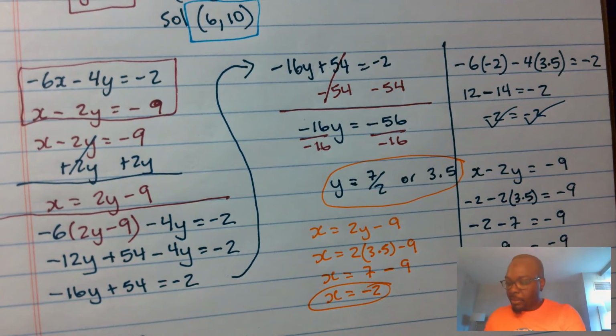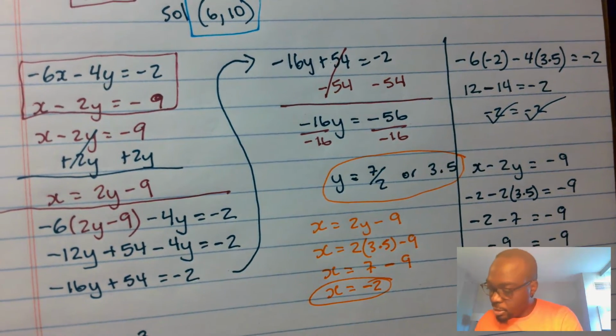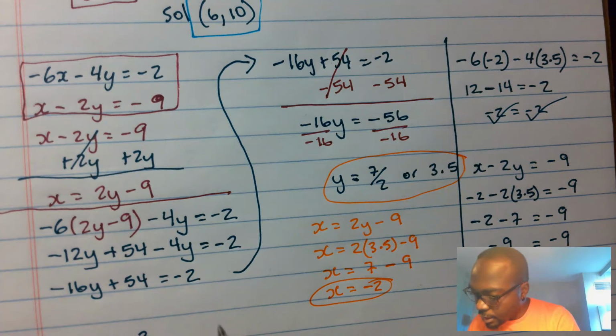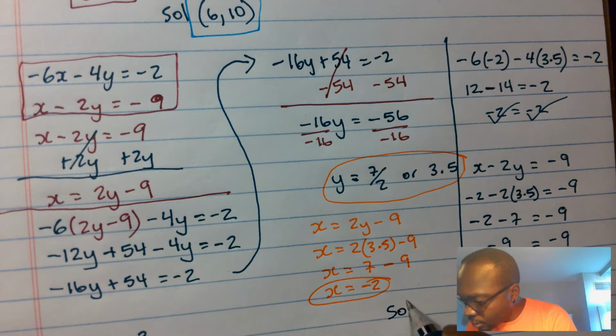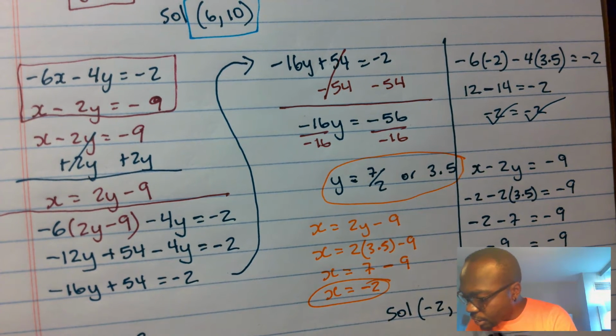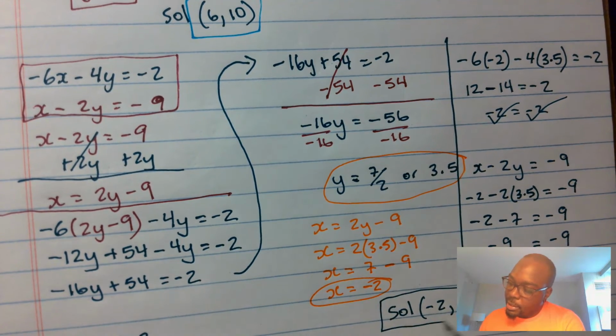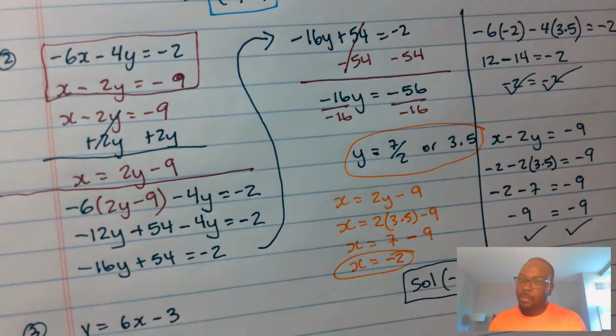So from this point, I'm going to write my solution in terms of x and y. X is negative 2. Y is 3.5. Alright? Boom.